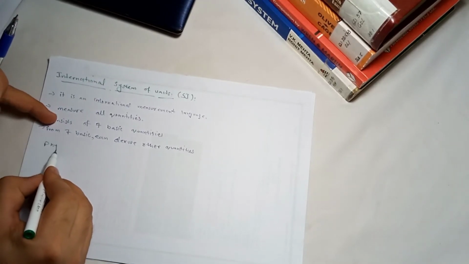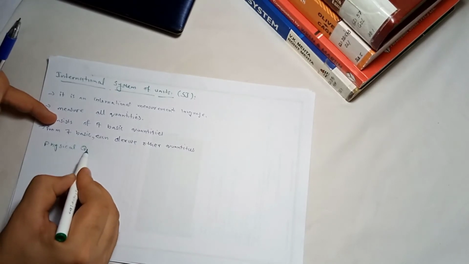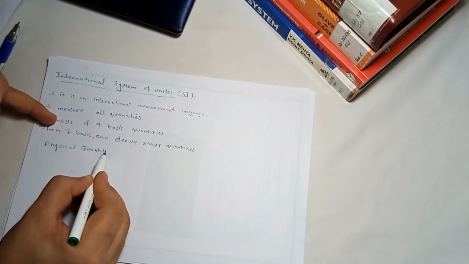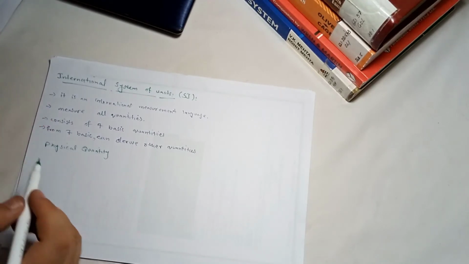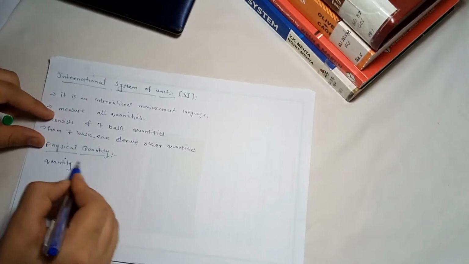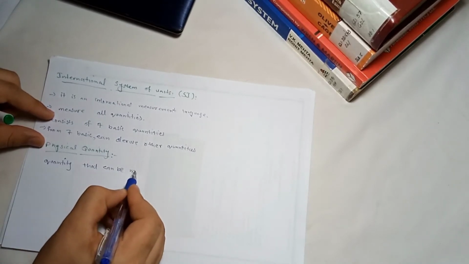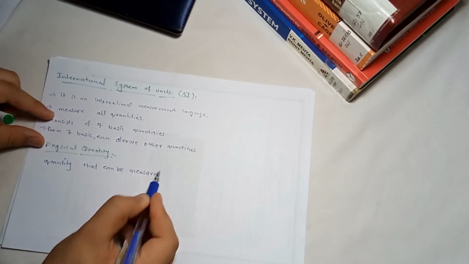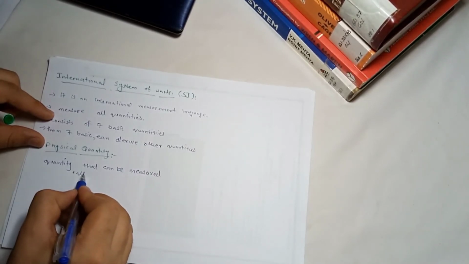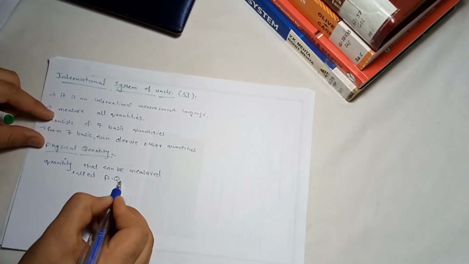अभी एक फिजिकल क्वांटिटी किस चीज़ को कहते हैं? फिजिकल क्वांटिटी वो क्वांटिटी है, any quantity that can be measured, quantity that can be measured, that is called the physical quantity.